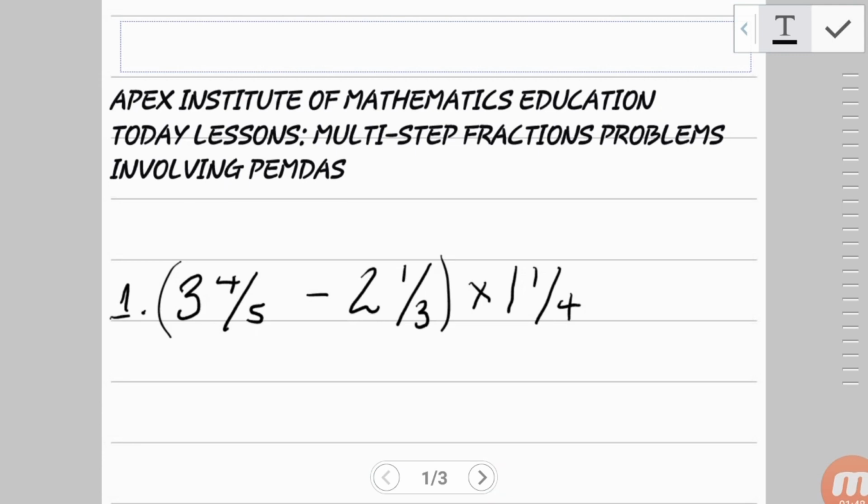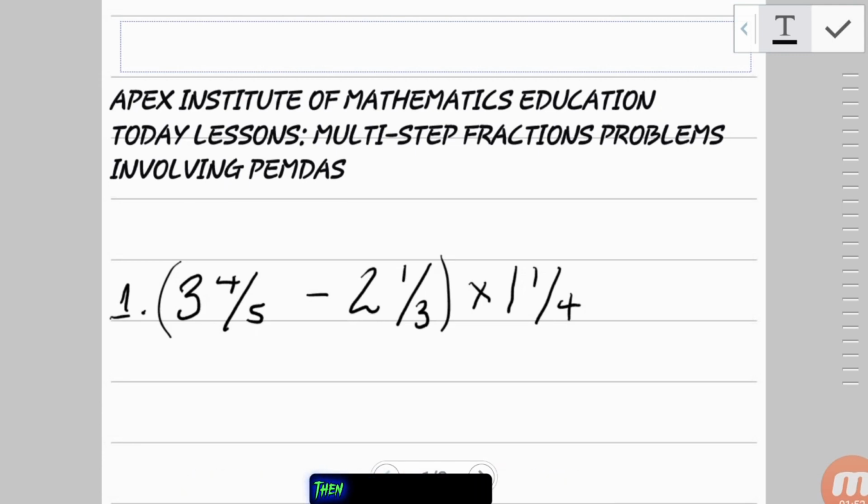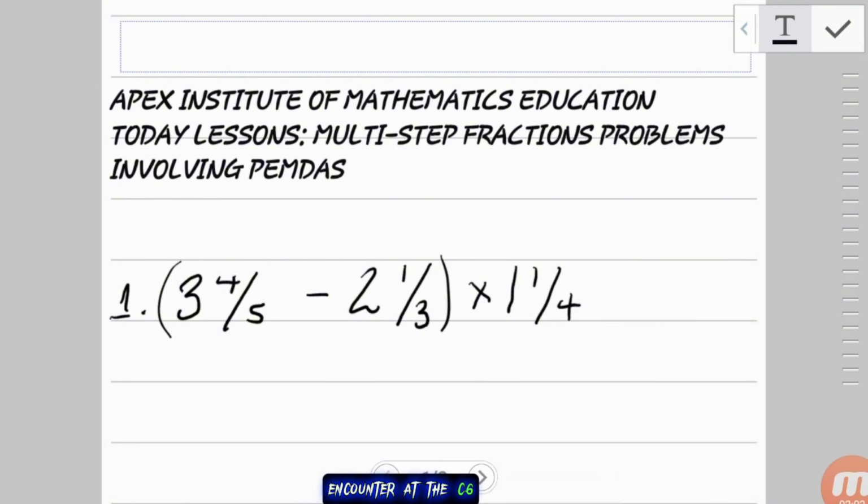That is me being of the assumption that you already know this. If you have, then this lesson should of course clear up and give you all the confidence to attack any fraction problems that you may encounter at the CSEC, CCSLC, SEA, EDXL level of math.